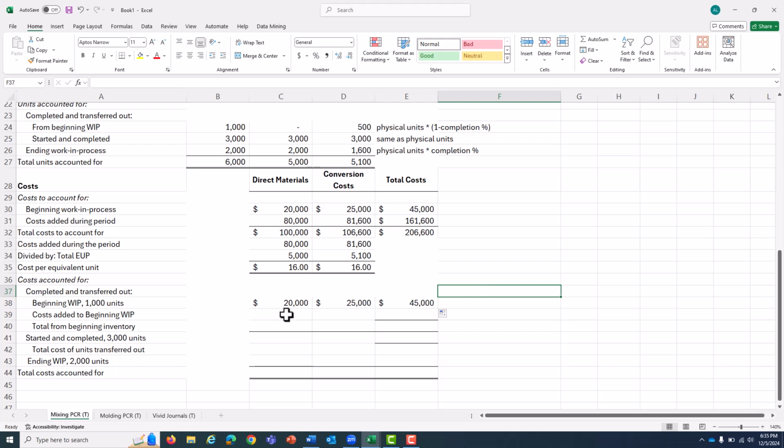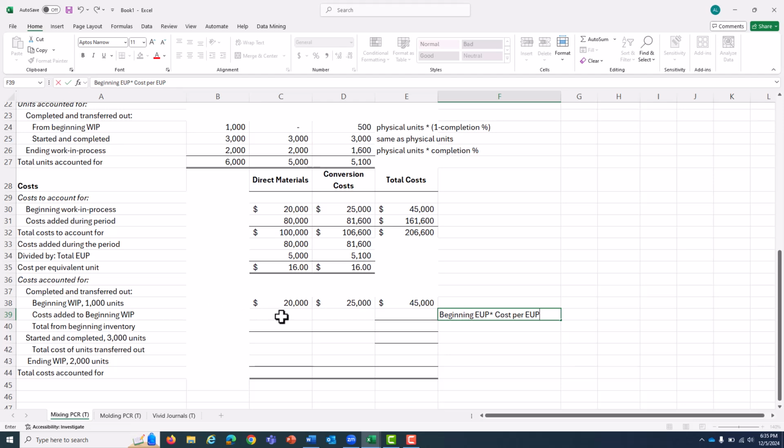What did we have to add to those to finish them? And to do that, because this is beginning WIP, I'm going to take the beginning EUP, the amount of units we could have made start to finish for the cost we had to add to our beginning inventory to finish it, and I'm going to multiply that by our cost per EUP.